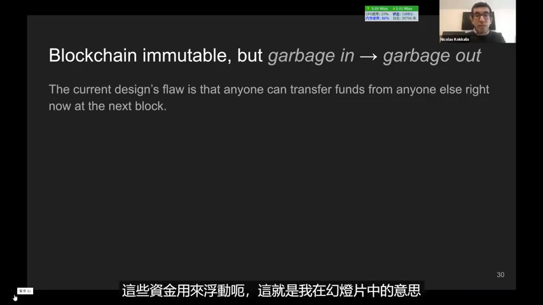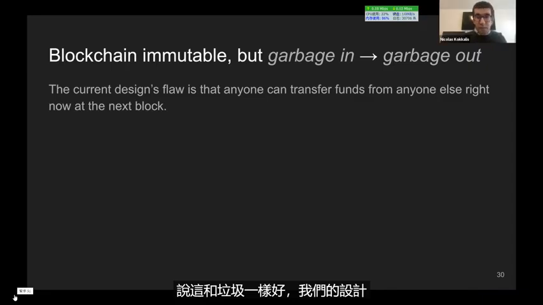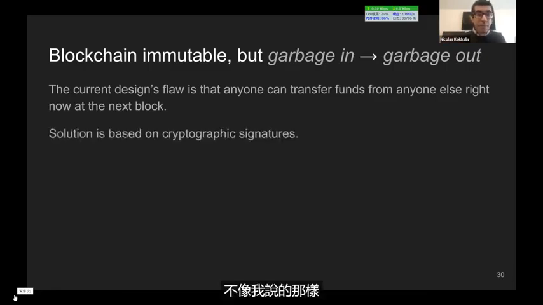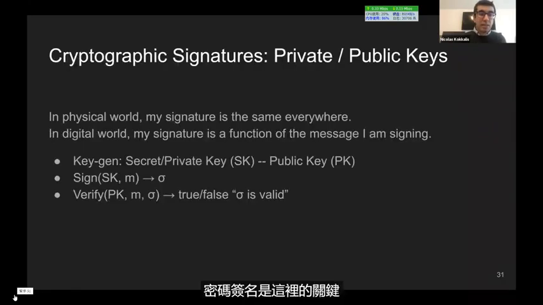And that's what I mean in the slide by saying this is as good as garbage, our design, because anyone could go and change and say, okay, Alice, send me funds. And Alice can say, no, I didn't.